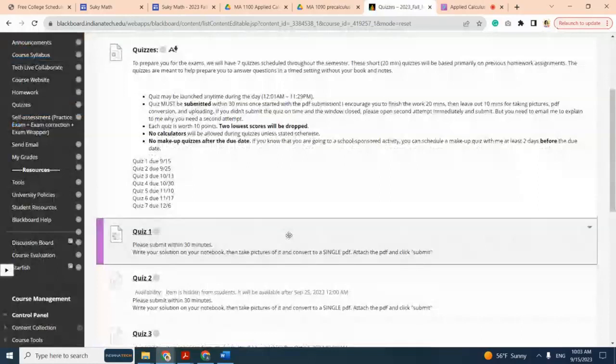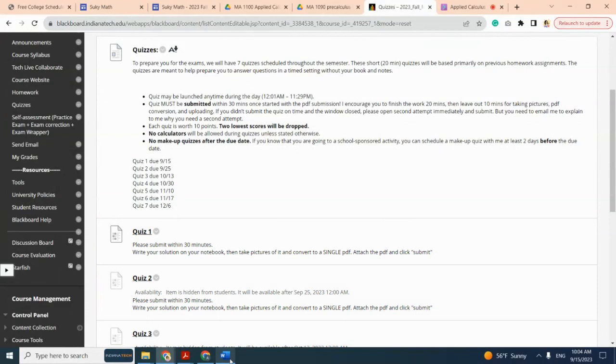I told you before, I set the setting to unlimited attempts. So if your window closed, open the second attempt right away. And do it before midnight.